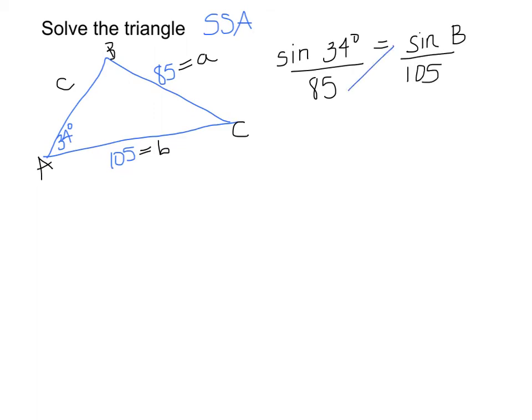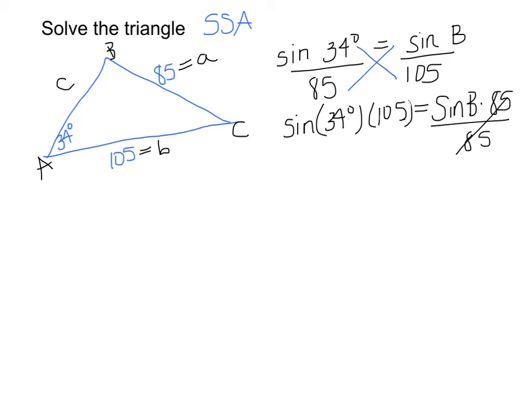And I'm going to cross multiply. And so you're going to do sine 34 times 105 equals sine of B times 85. And then you'll divide both sides by 85.